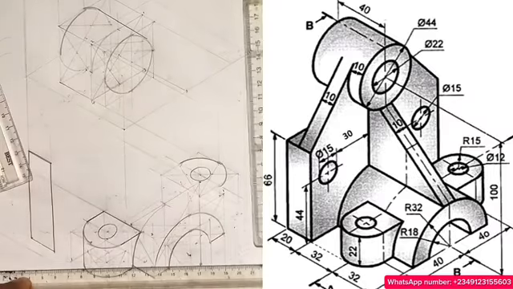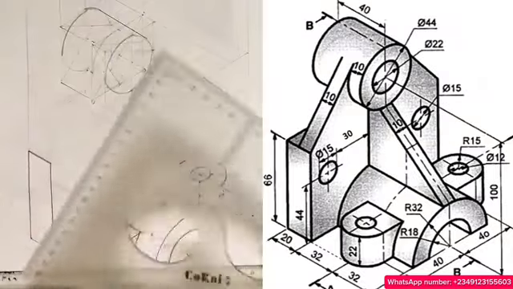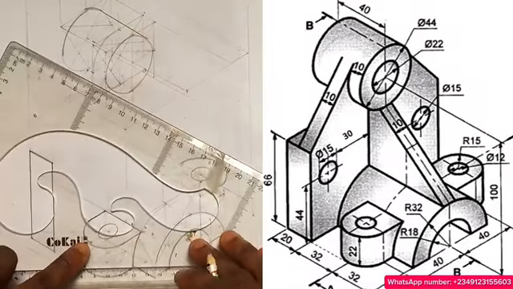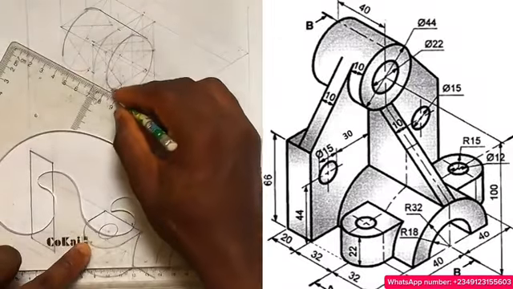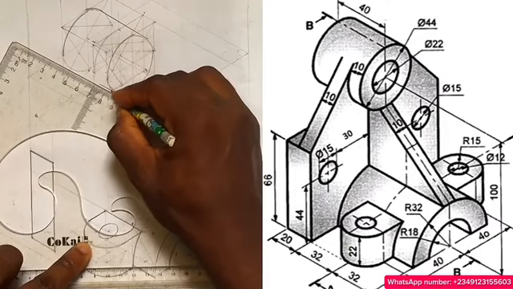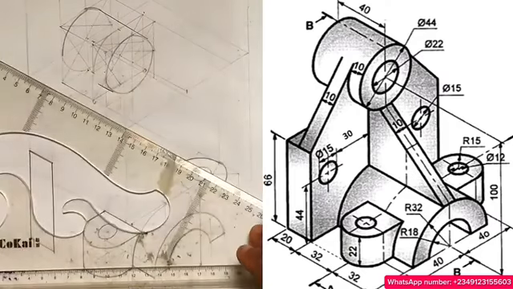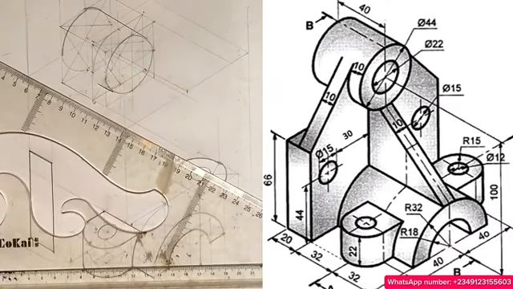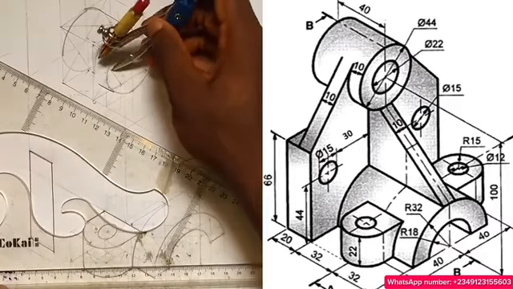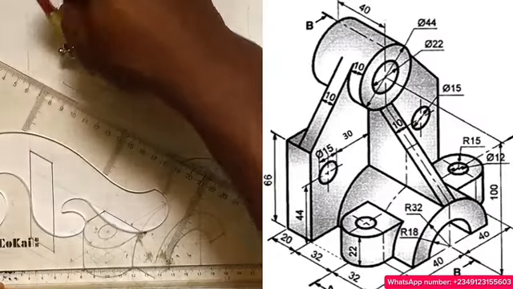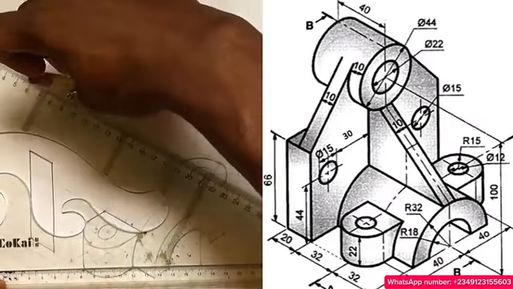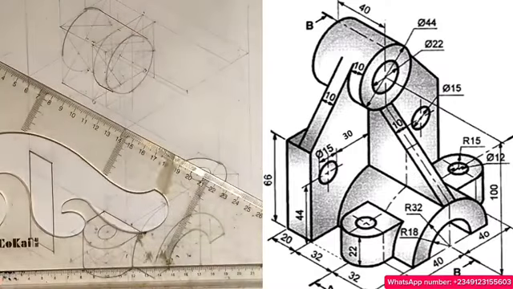Observe this place. I'm going to take this part here, connect it down here with a thick line, right? Then this curve here, I'll try to thicken it. I'll try to thicken the curve, which I did from here to here. Thicken it.